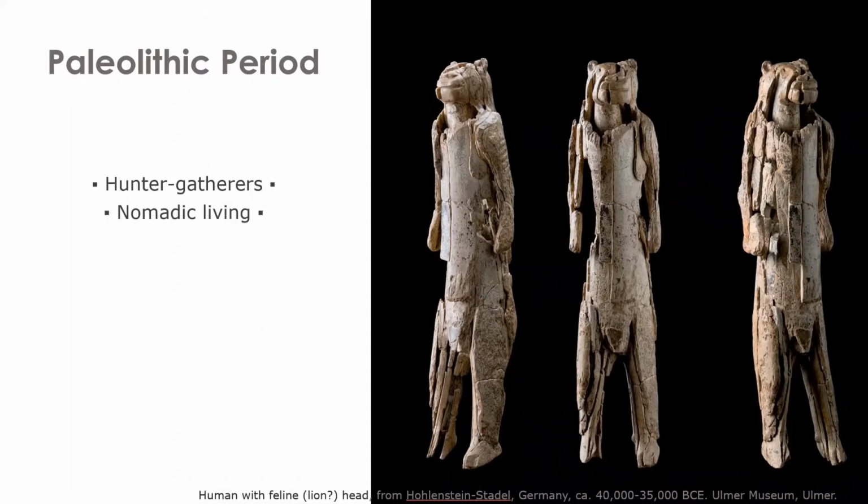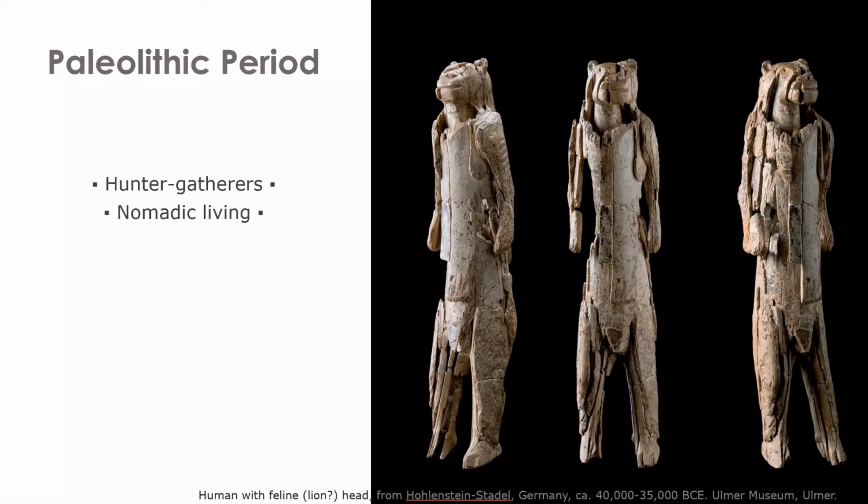Let's begin from the Paleolithic period. The Paleolithic humans were hunter-gatherers, therefore they had a nomadic way of living. Because of the limited food sources, they could not settle in fixed locations. Nevertheless, they made sculptures and paintings, found where they used to live.